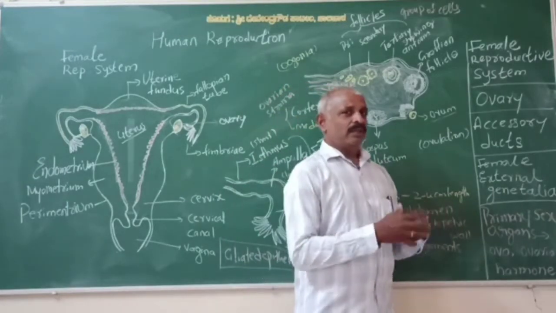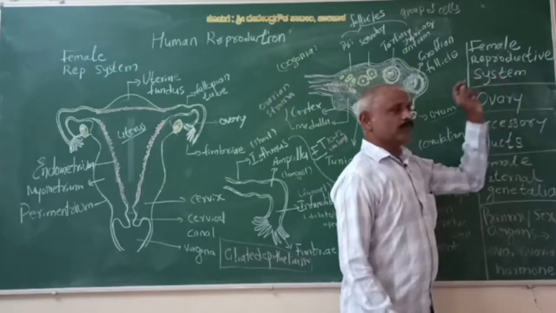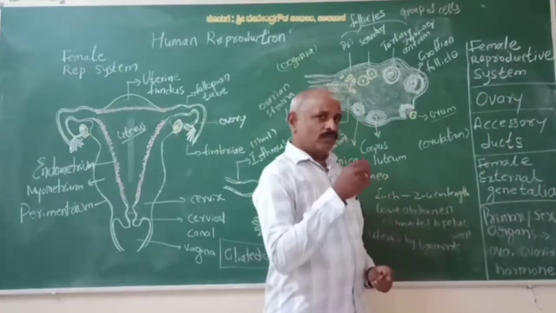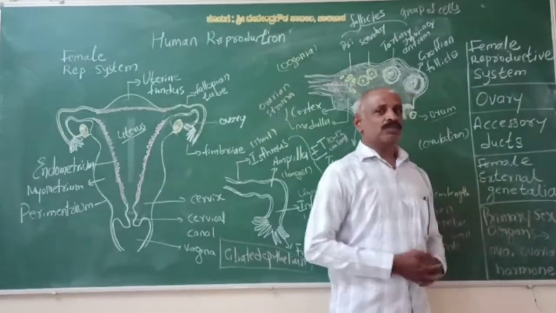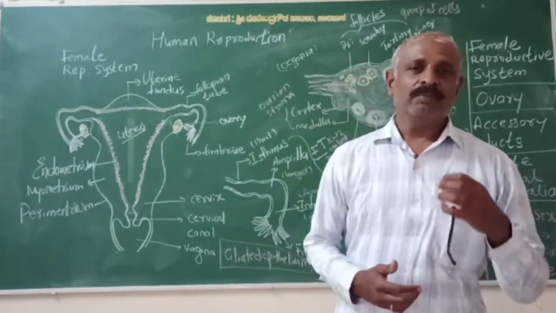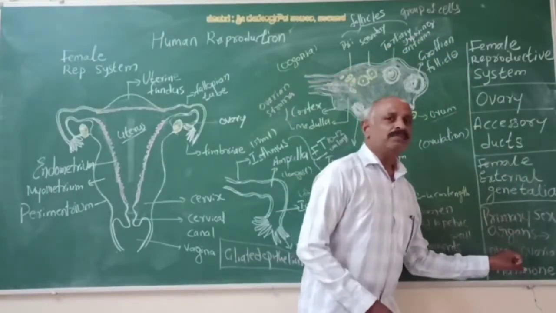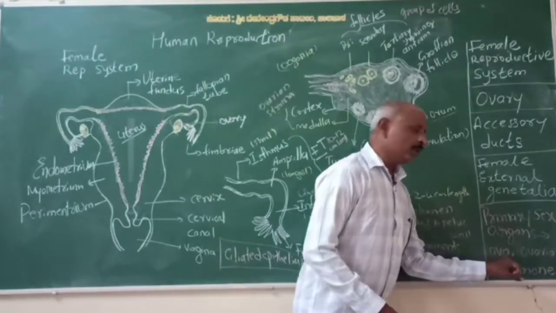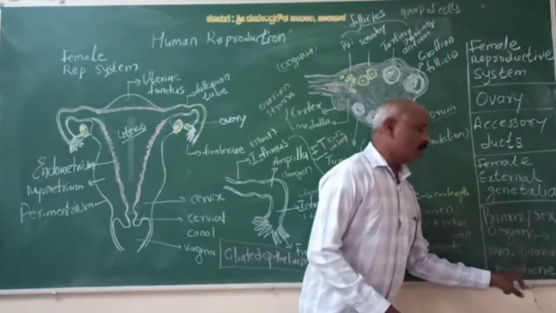And one thing is clear now: when we start to see the female reproductive system, the first thing is the primary sex organs. Ovaries are considered as primary sex organs, and these primary sex organs produce ovarian hormones.